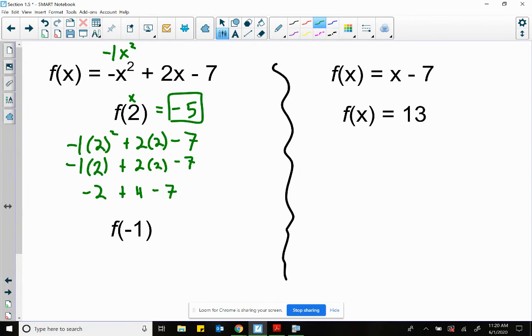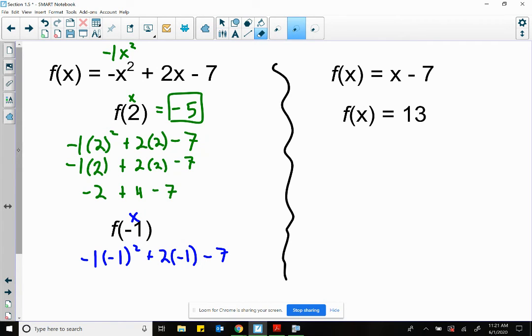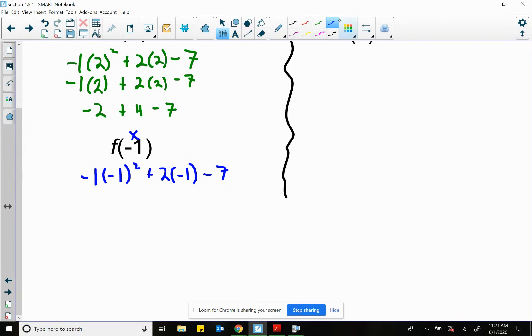And there you go. Down below that, we got negative 1 times negative 1 squared, because this negative 1 is because of the x value there. That's x. Plus 2 times negative 1 minus 7. All right. So PEMDAS says squaring. So -1 squared is 1.